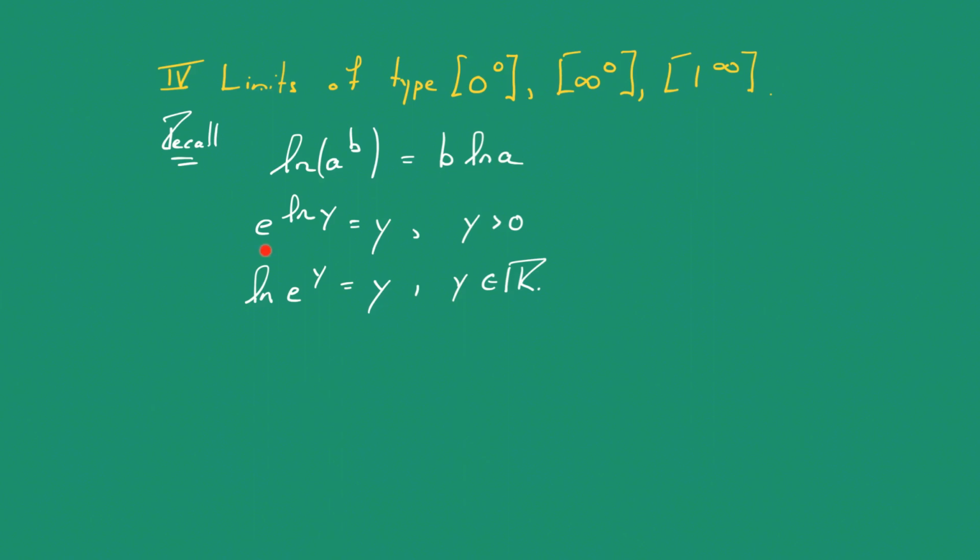Also, the exponential function and the logarithmic function are inverse functions. So e to the log y is equal to y for any positive value y, any y in the domain of our natural log function, and the natural log of e to the y is equal to y, and this is for any y in the domain of the exponential function, which is to say any real number y.